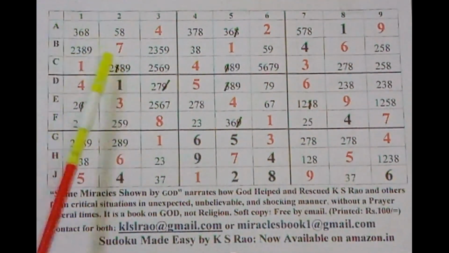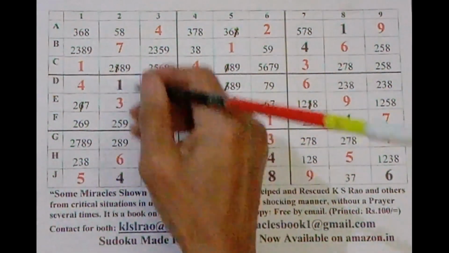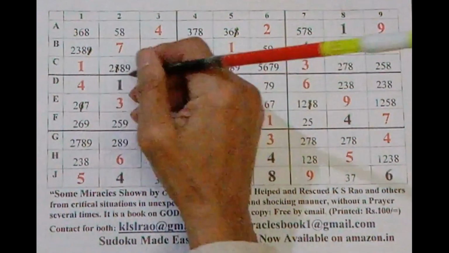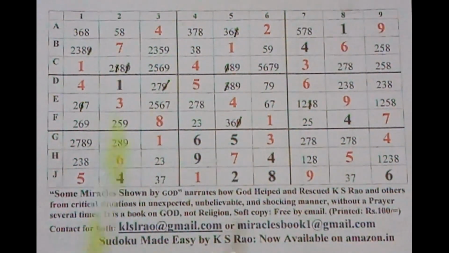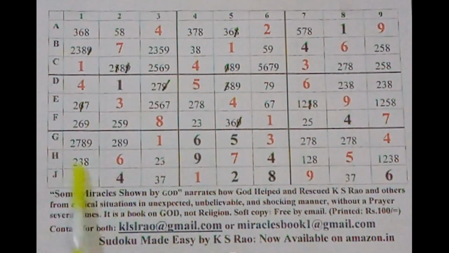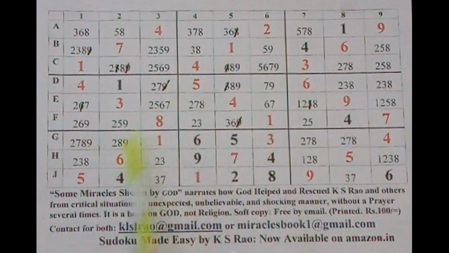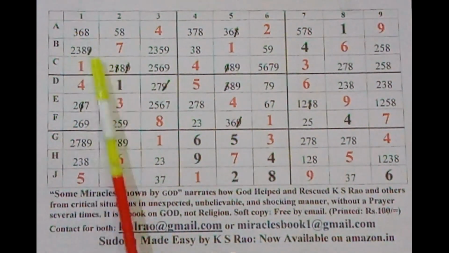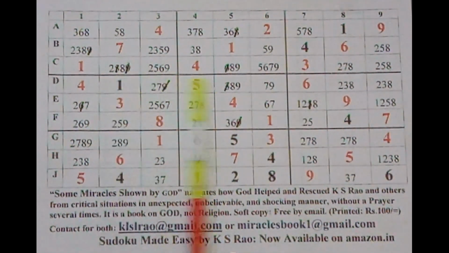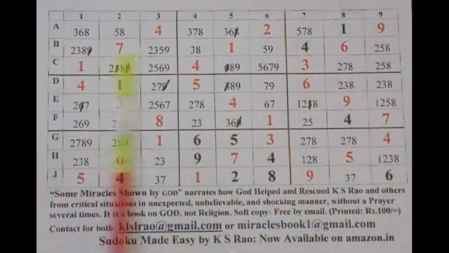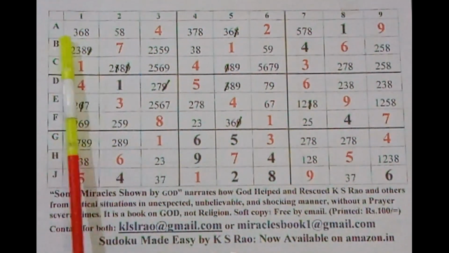Therefore, let us delete these 9s also here. This 9 goes and this 9 goes, and then what happens? Nothing much even now. I'm just seeing if any pair or a trio is made, something like that. I'm just observing while talking to you also. Okay.